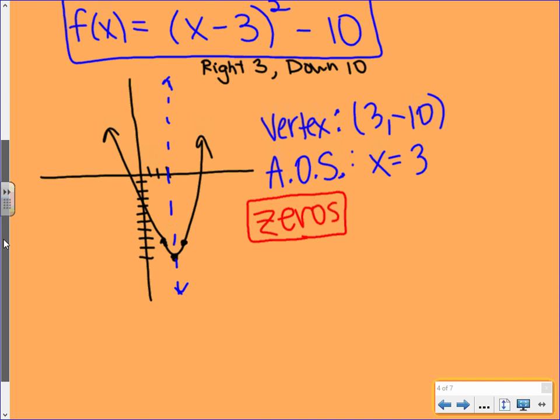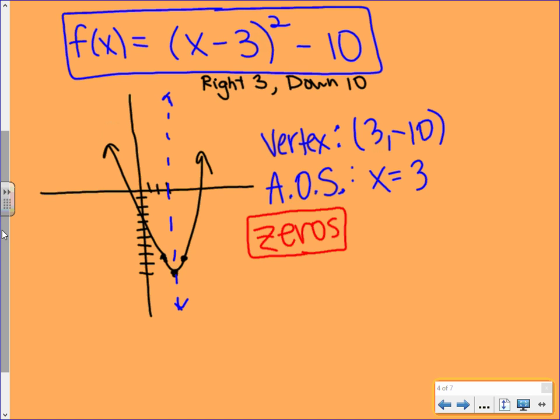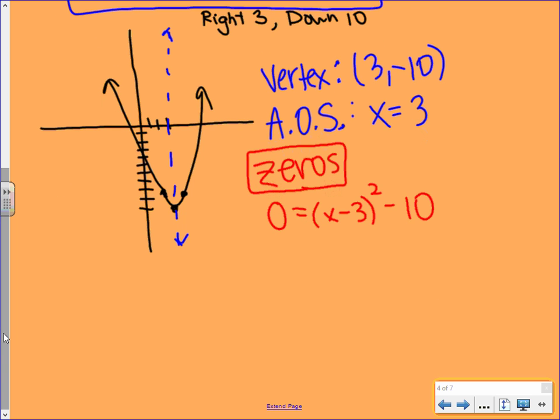You're going to have to do this in your homework, and I want to go through it. If it's in this standard form, or vertex form, it's going to be very simple to find our x-intercepts. Plug 0 in for y. Let's solve that equation. What should we do first?